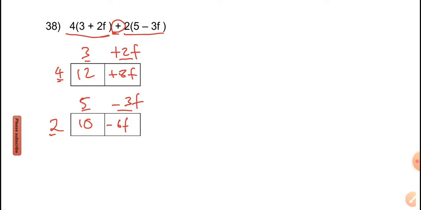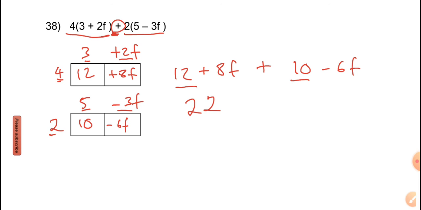And because there's a plus sign here, we want to add the two answers. So it's 12 plus 8f, and then we had 10 minus 6f, and because the sign was positive between the two single brackets, we're going to put this in. So now 12 add 10 is 22, and then we have plus 8f and minus 6f, so we go 8f take away 6f.